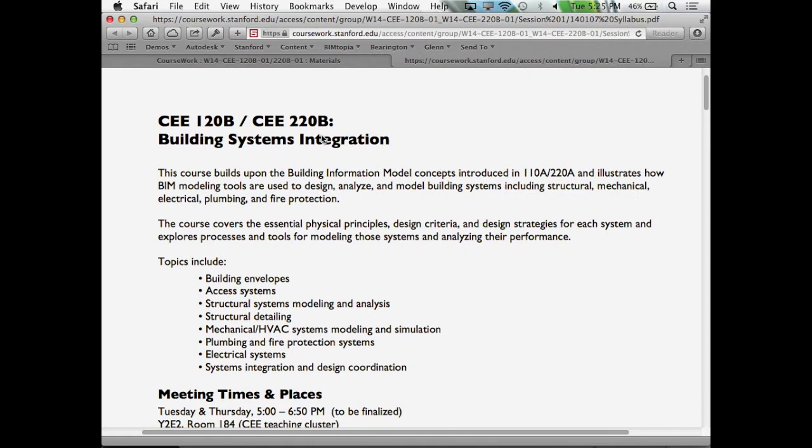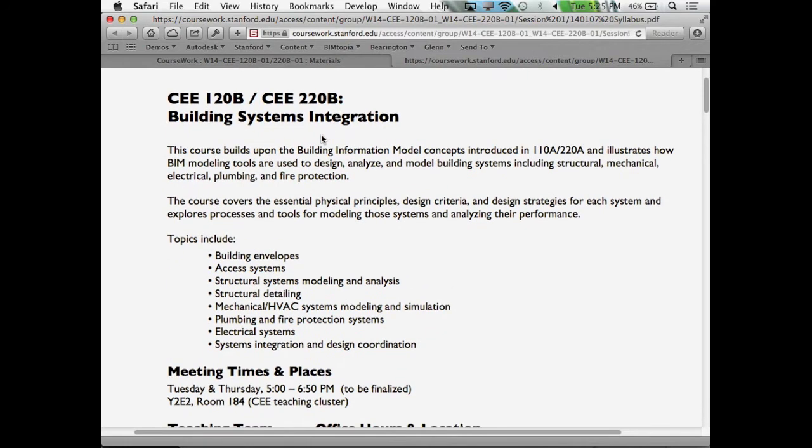Okay, in terms of what we're taking, this class is actually designed to be a follow-on to the Introductory Building Information Modeling class, and the idea is to go one step further. We could only get so far in those first sessions in terms of getting the basic building elements out and putting them together into something that looks like a building.